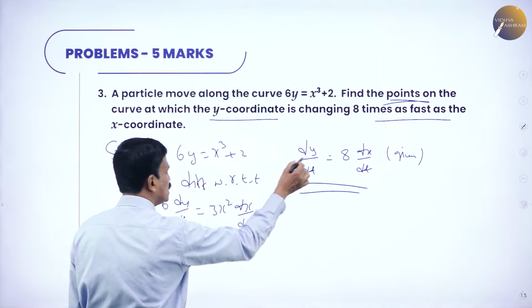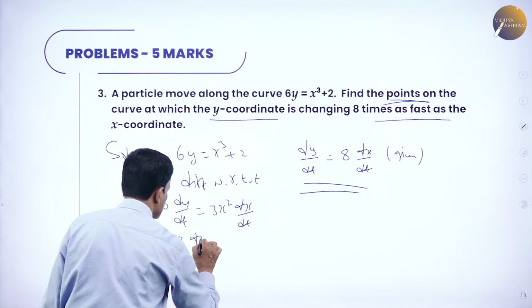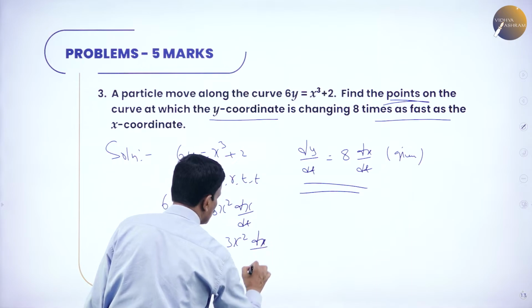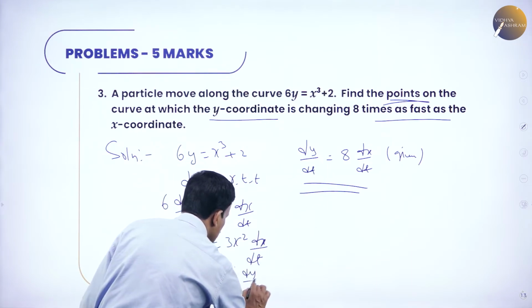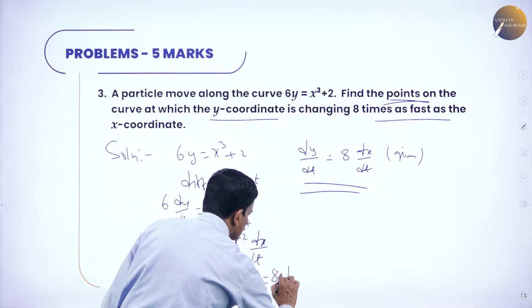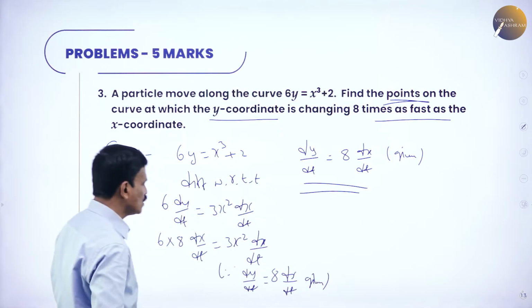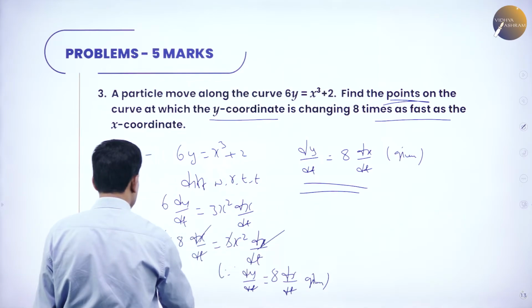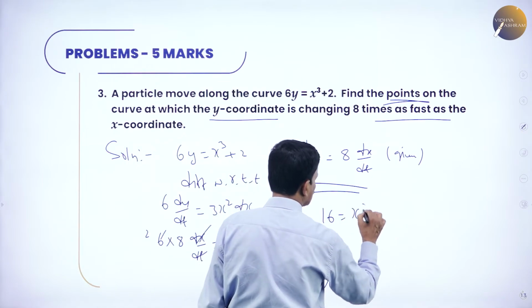Put dy by dt: 6 into, what is dy by dt? 8 times dx by dt is equal to 3x square dx by dt, since dy by dt is equal to 8 times dx by dt, this is the given quantity. That's it. Now dx by dt gets cancelled. The 3 2s are 6 gets cancelled. 8 2s are 16 is equal to x square.